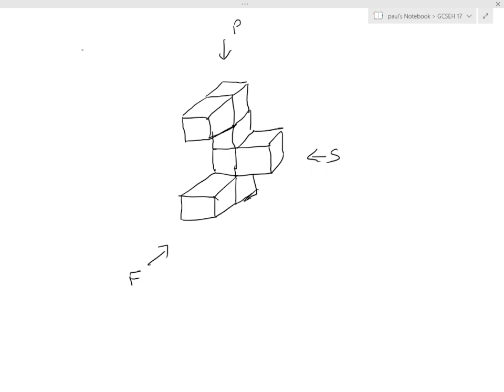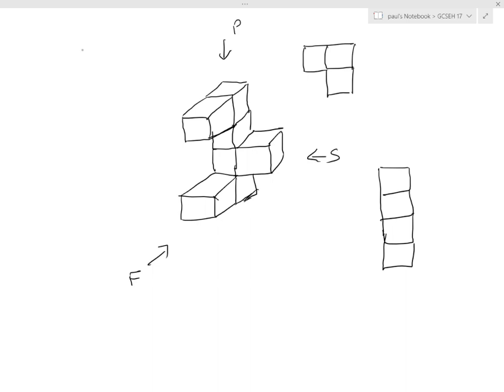So we're going to see these 2 at the top, and that one sticking out. So the plan is going to look like this. That's it. The side, we're going to see all 4 up in a row. 1, 2, 3, 4.